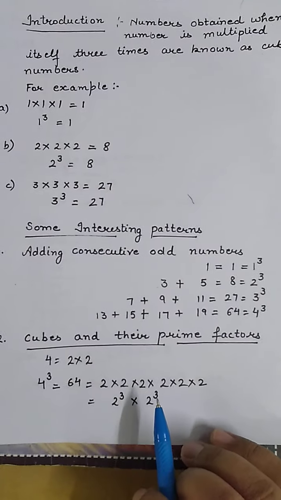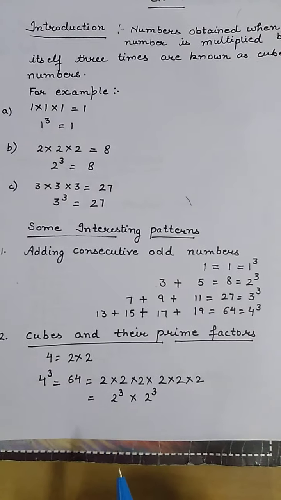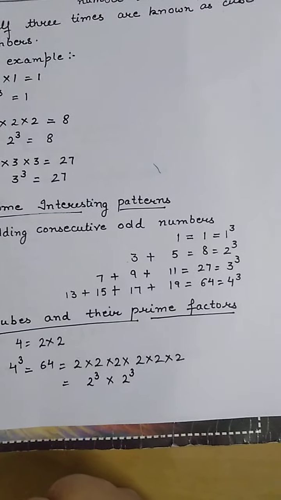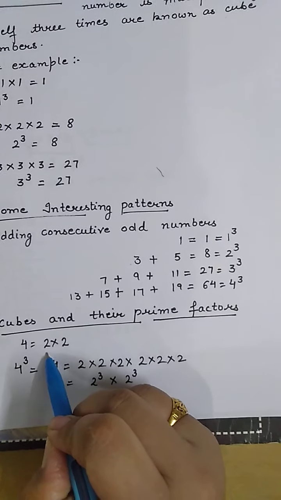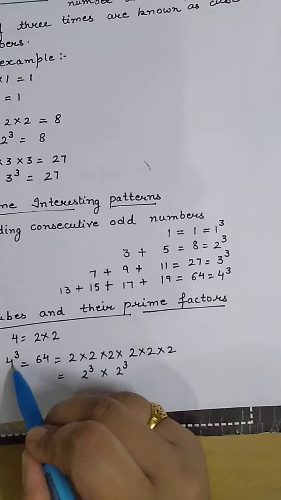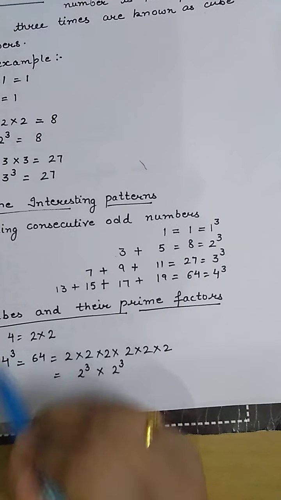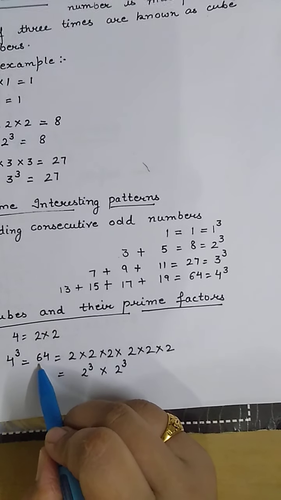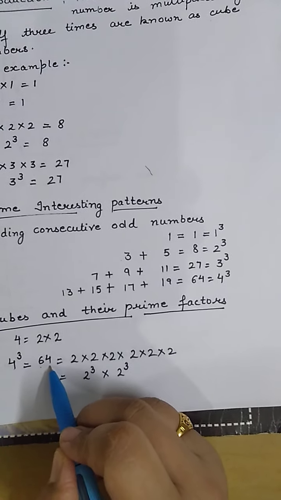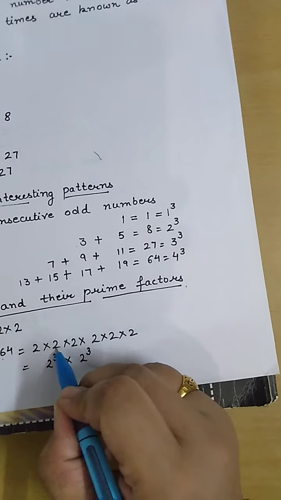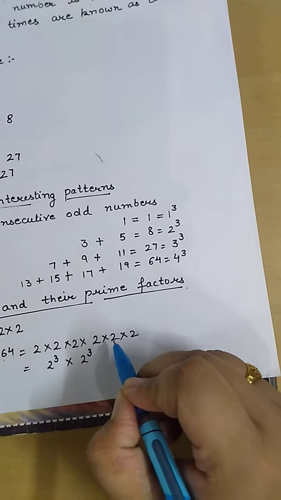Now one more pattern is there: cubes and their prime factors. What is the relationship between a cube and its prime factors? Suppose I have taken 4. The prime factors of 4 are 2 into 2. Now I need to find 4 cube. 4 into 4 into 4 will give you 64. If I find the prime factors of 64, I will get 2 into 2 into 2 into 2 into 2 into 2.